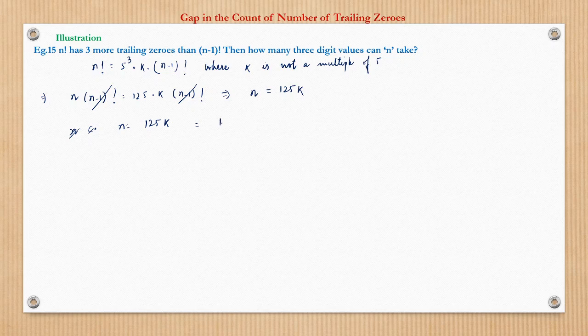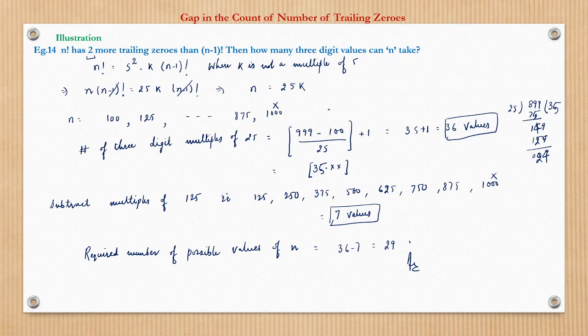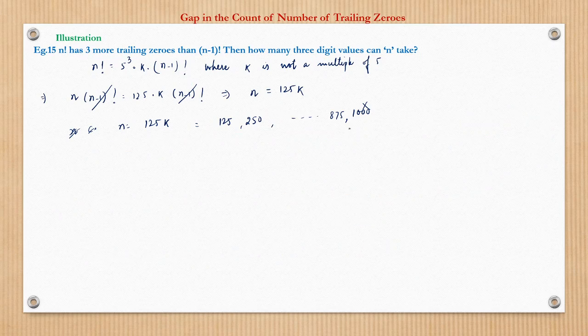So that is nothing but 125, then it can be 250, and so on, up to 10,000, but it cannot be 1,000, because this is a four digit number.